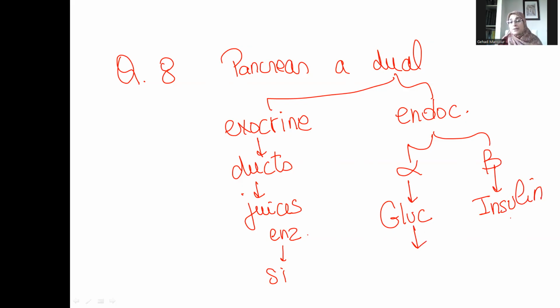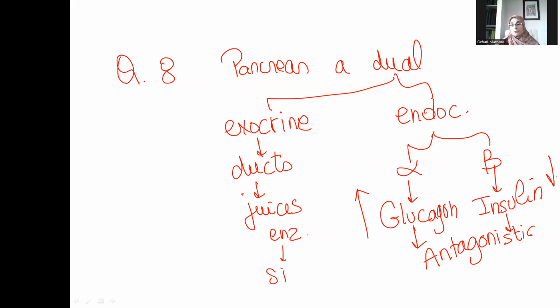And as we said in the classroom, glucagon hormone and insulin hormone are antagonistic in function, meaning that glucagon raises the blood glucose level, insulin lowers the blood glucose level.